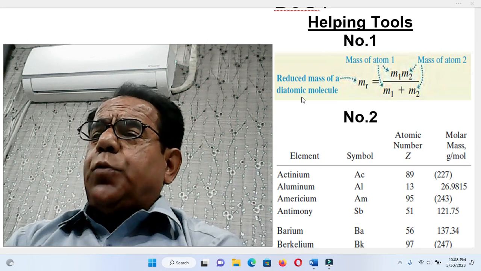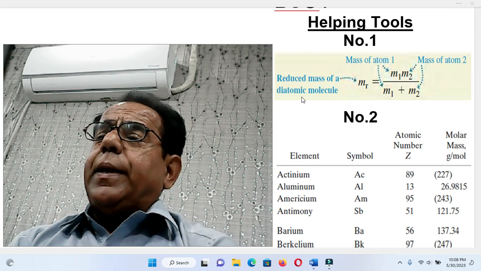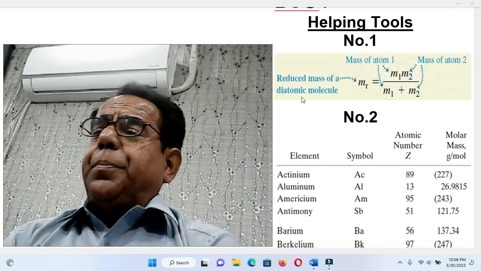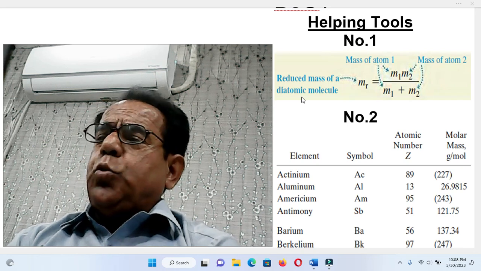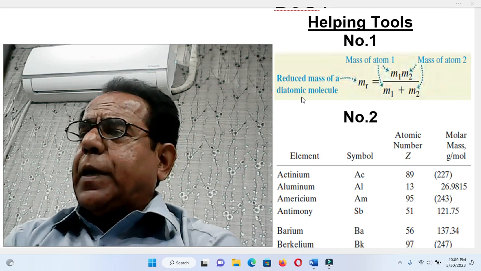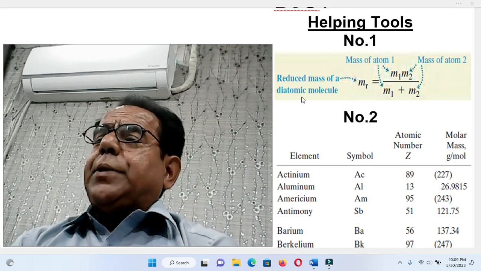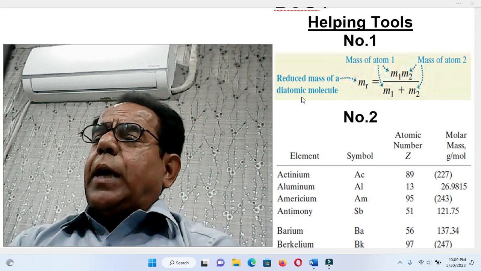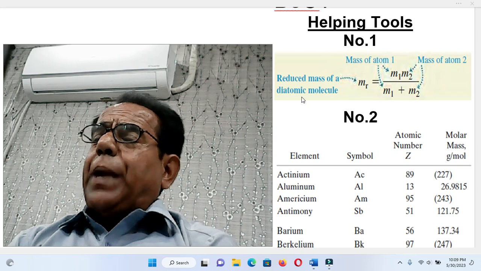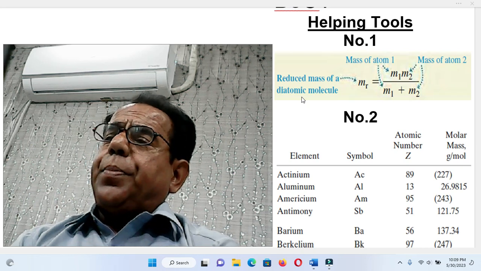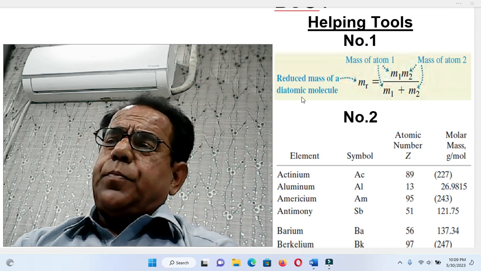Reduced mass of a diatomic molecule, Mr, where r is written as a subscript of m, is equal to the multiplication of the masses of atom number 1 and atom number 2, that is M1 M2, over M1 plus M2, that is the addition of atom number 1 and atom number 2. Quite simple, no rocket science.